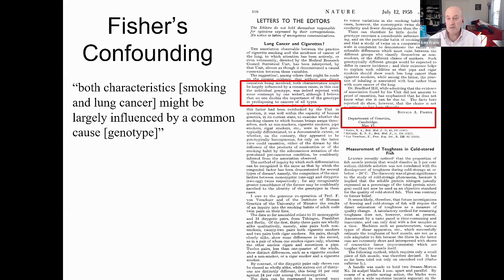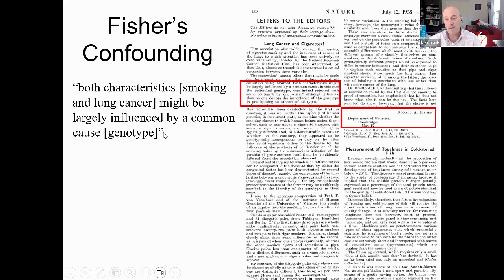So what did Fisher say? Fisher, in the journal Nature, which was a very prominent journal in the late 50s, said, gee, both characteristics, smoking and lung cancer, might be largely influenced by a common cause, by genotype. Fisher was also a very famous geneticist. And if you read some of his work, this is just one, there was also one in Science, he will have your head spinning. And he was also a pipe smoker.